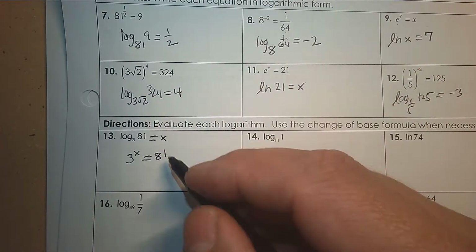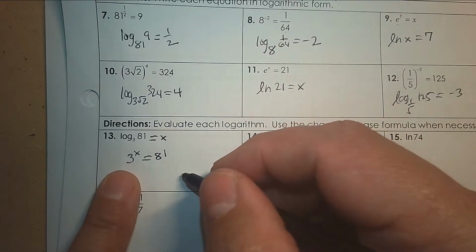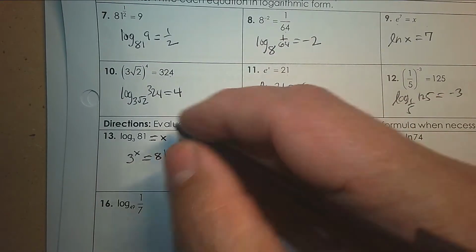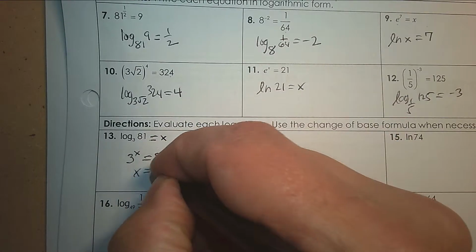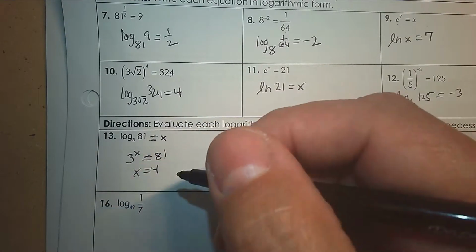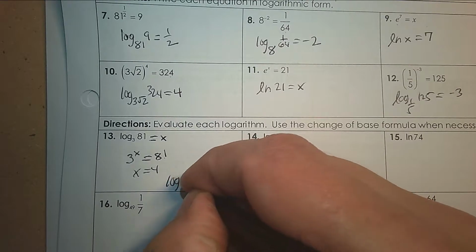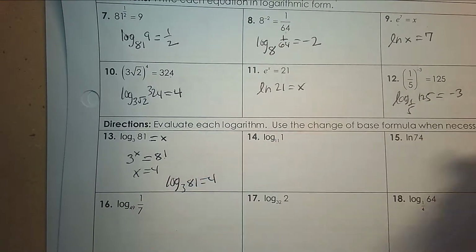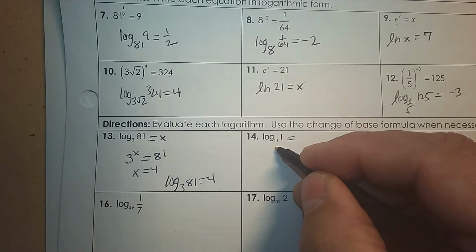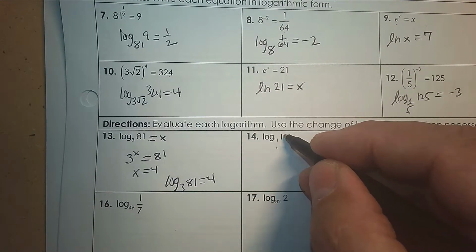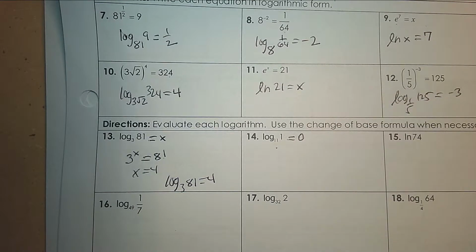You can get common bases or know what exponent makes it, and that answer is 4. Here, if the base is 11, what exponent gives you the answer 1? So let's go right to it. It's 0.